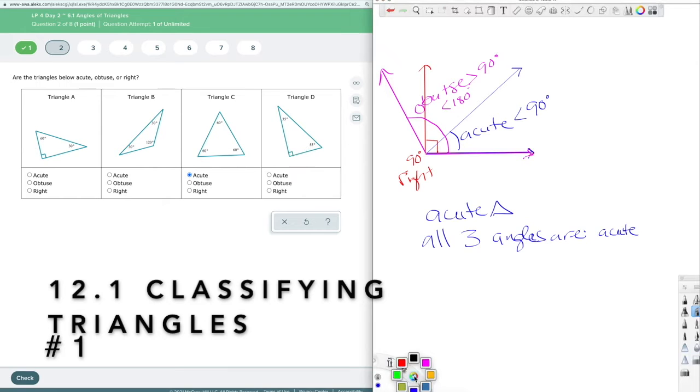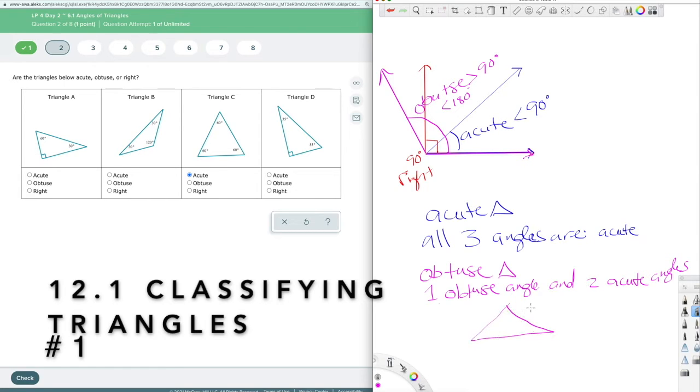If I go with obtuse, which I did in pink here, an obtuse triangle has one obtuse angle and two acute angles. And this works directly off the triangle sum theorem, because if we think again of a triangle, if the angles have to add up to 180 degrees and I have something that's greater than 90 because it's obtuse, I can't then have another angle that's also obtuse.